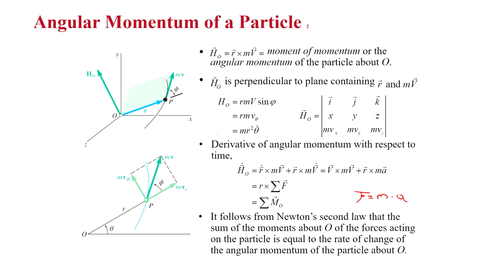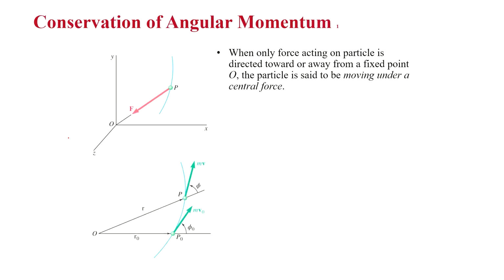So the first law, we also talked about the first law, which is with respect to the coordinate frame of references, the inertial coordinate frame of references, that a system is going to stay as it is unless it's disturbed.